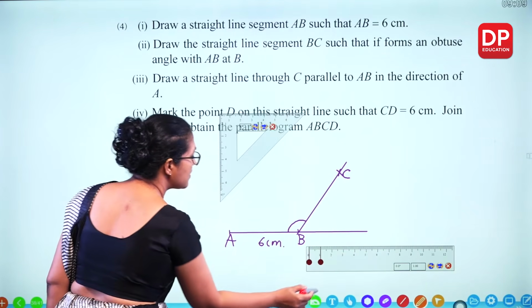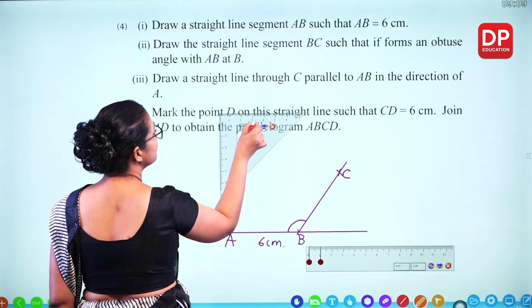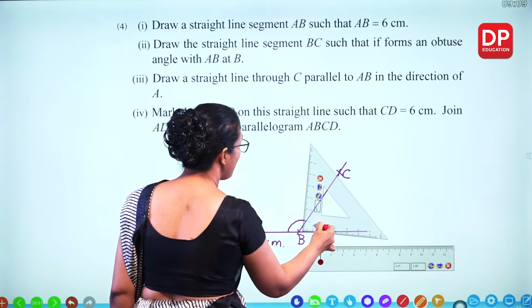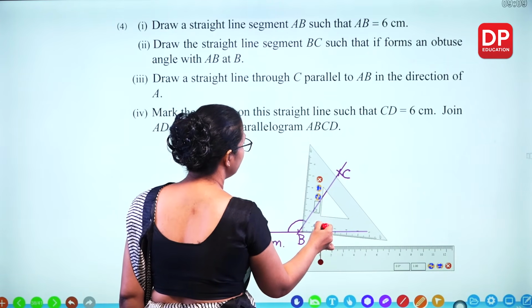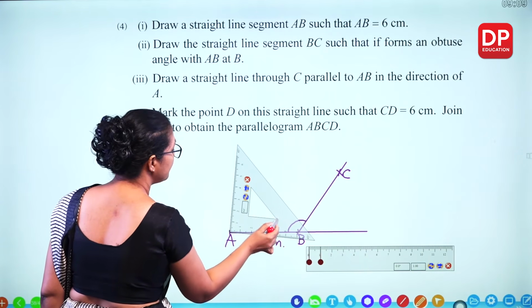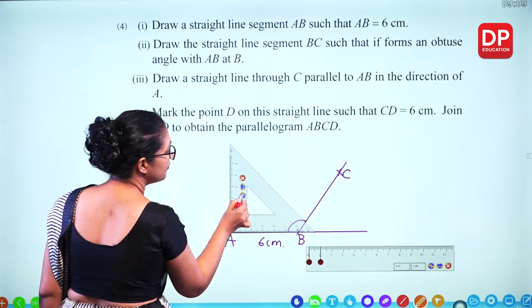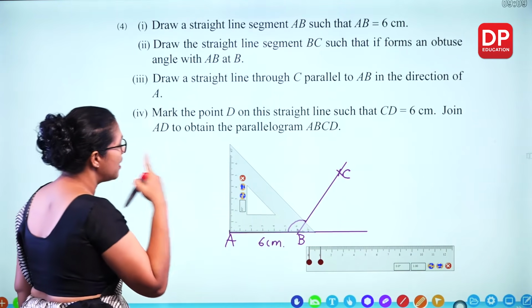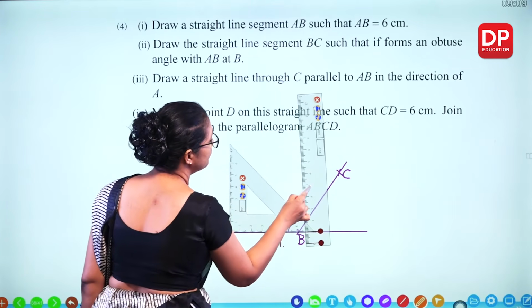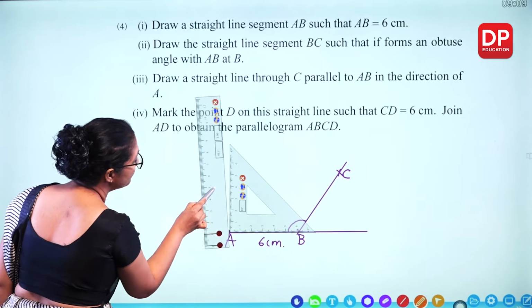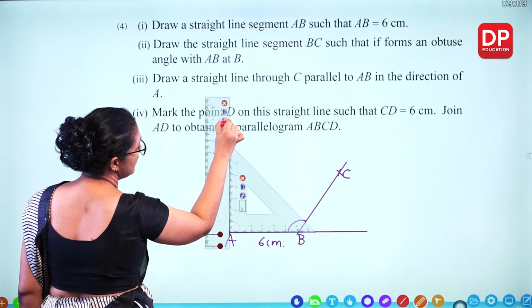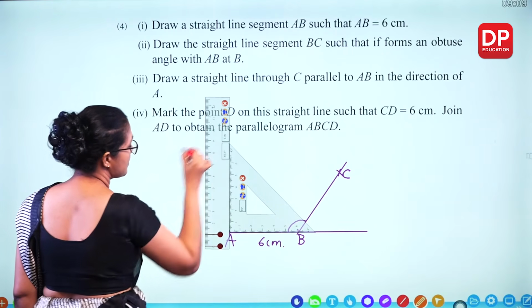You take the set square so you can keep on top of AB line like this, and then take the ruler and keep it next to the set square like this.